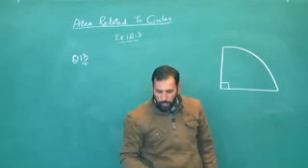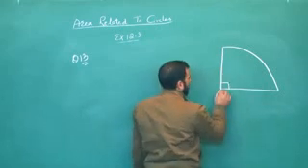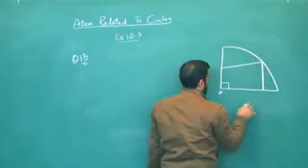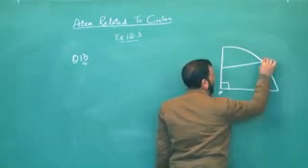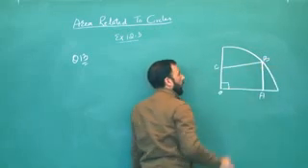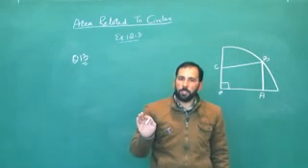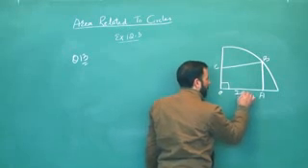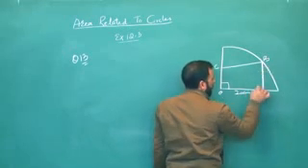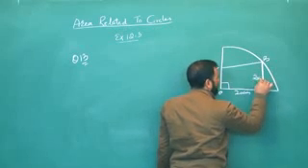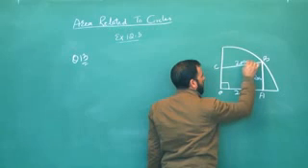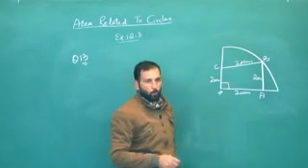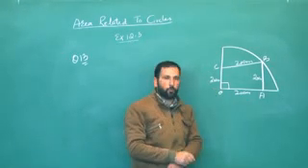And a square OABC, this is O, A, B, C is a square. If it is a square, all sides of a square are equal. So in the question it is given that the side OA is 20 centimeter. This is BA or AB, it is also equal to 20 centimeter. This BC is also 20 and this OC is also 20 centimeter, because all sides of a square are equal and each angle is equal to 90 degrees.